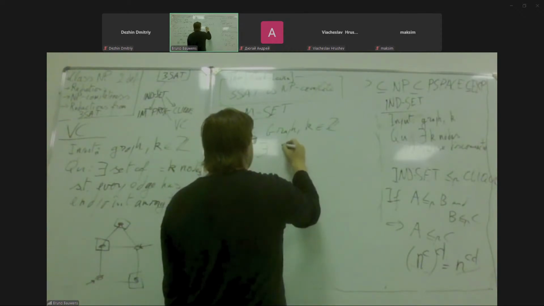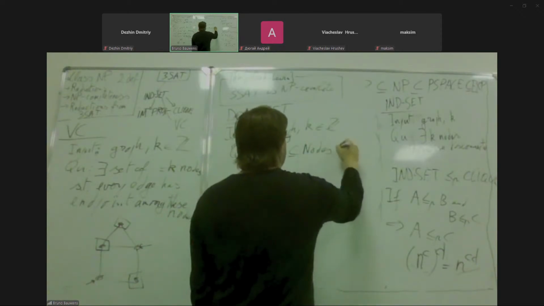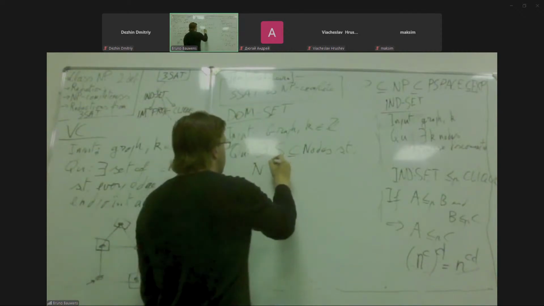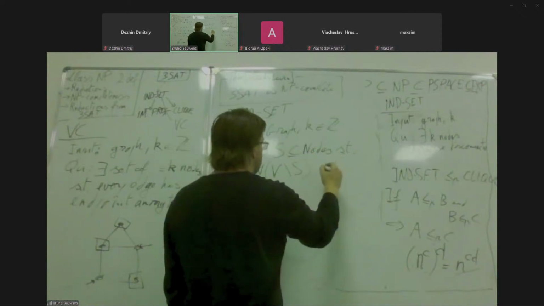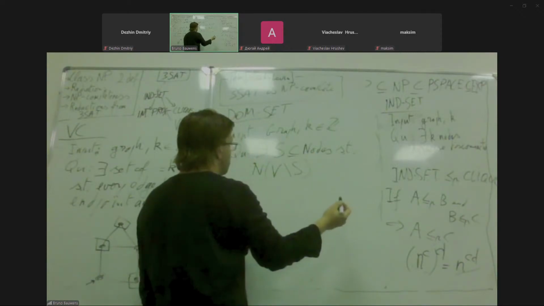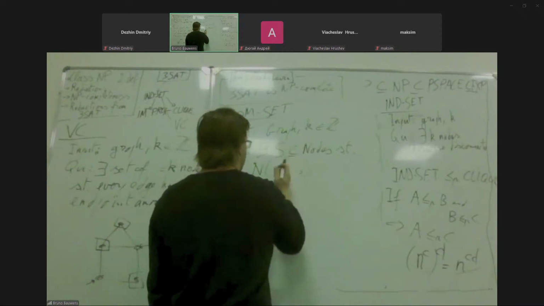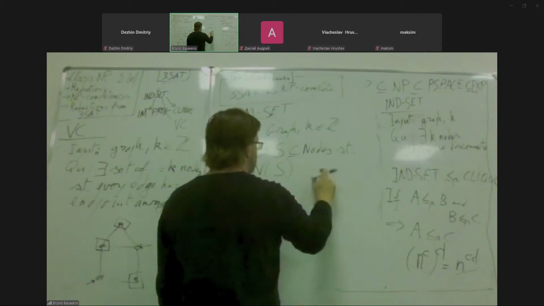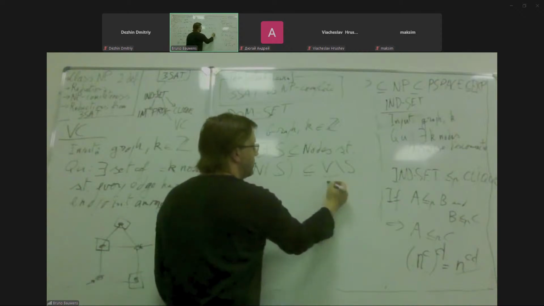Exists a set of nodes S such that the neighborhood of S is all the nodes minus S. So V is the set of nodes.